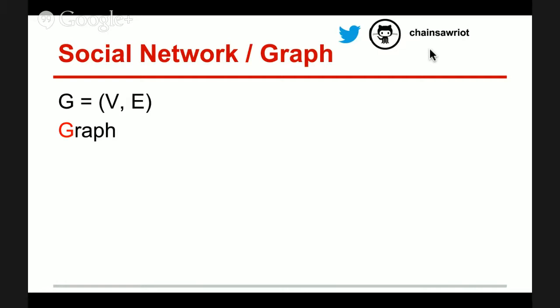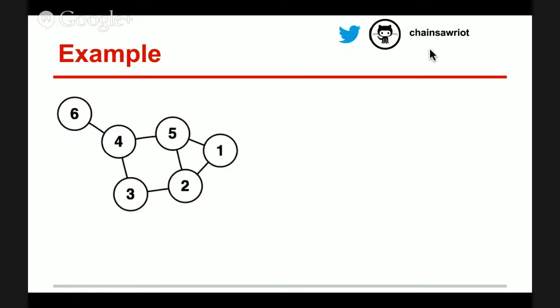Like most mathematical things, it can be summarized in a very beautiful equation: G equals V and E, where G is the graph. But most people, like me, will not understand what G equals V, E means.